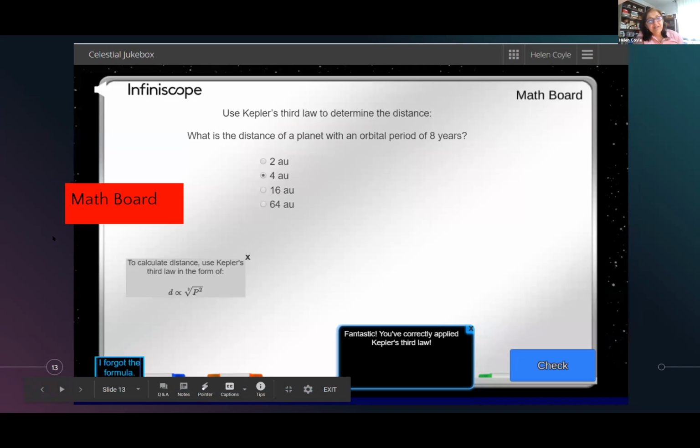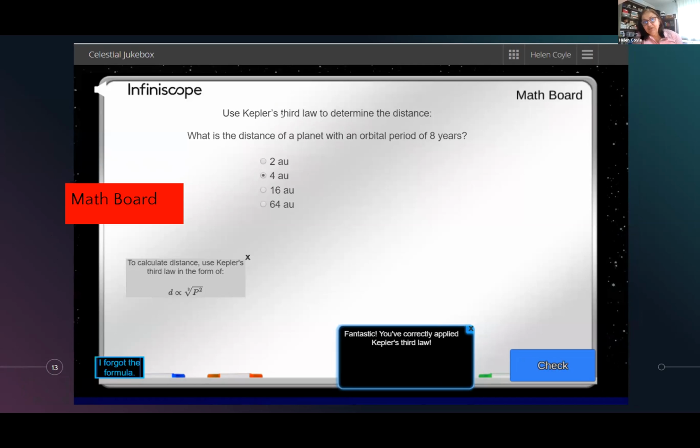So another nice element was the math board, and it doesn't have just one, it has several math boards. For example, here, this was after they had already discovered the relationship. It says use Kepler's third law to determine the distance. But at this point, they had already discovered the relationship. It was not given by the teacher, it was discovered by the students.